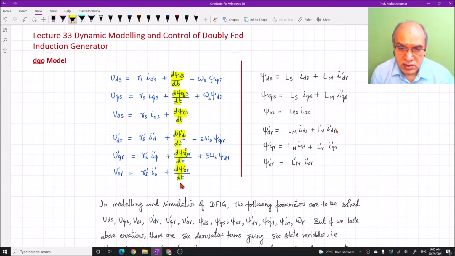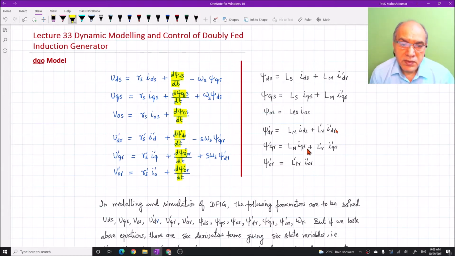There are 6 equations and in fact 6 variables. What are these 6 variables? 3 voltages on the stator side and 3 voltages on the rotor side. From that we can compute the other parameters like currents and others.